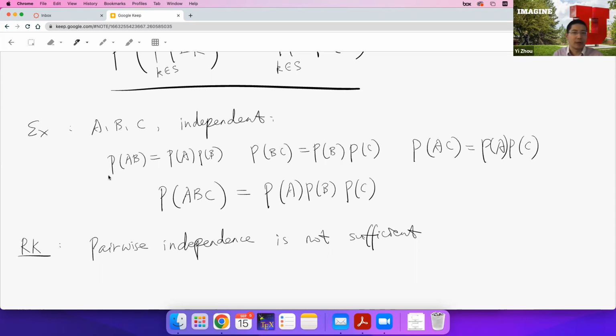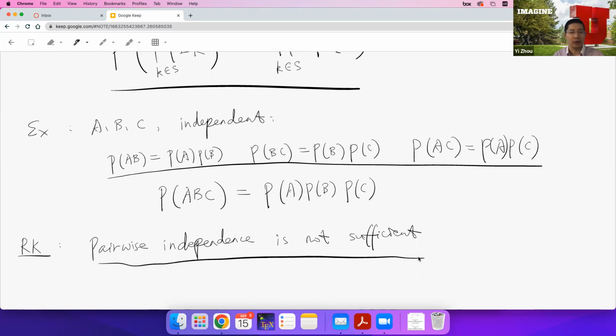We need more than pairwise independence. We need every subset of the events to be independent. So pairwise independence is not sufficient.